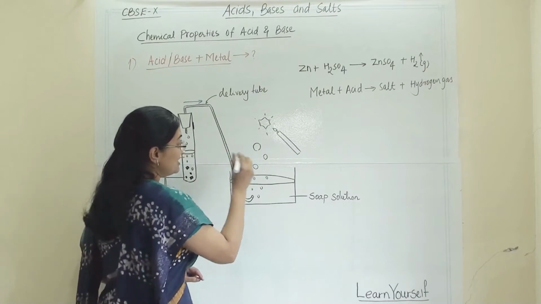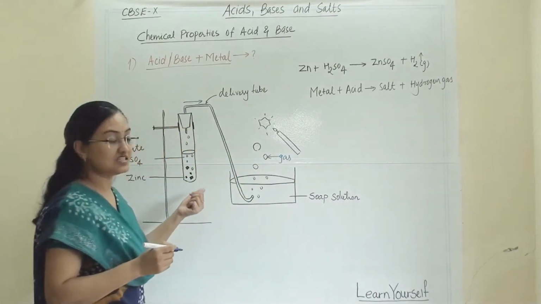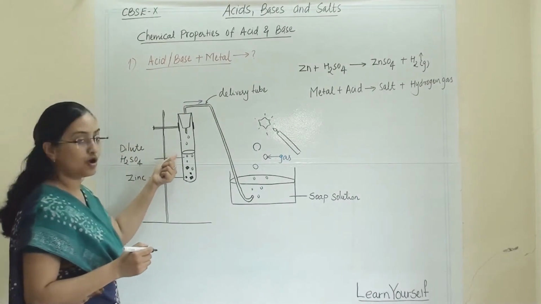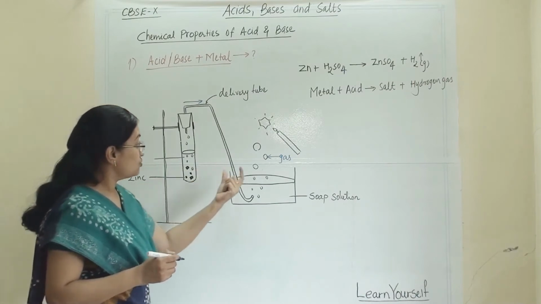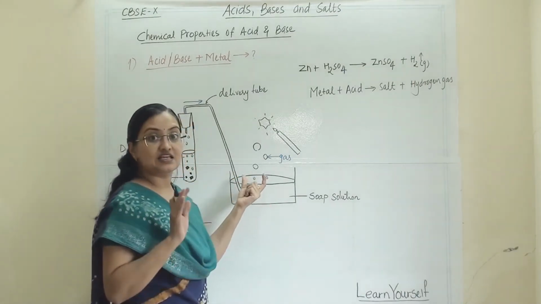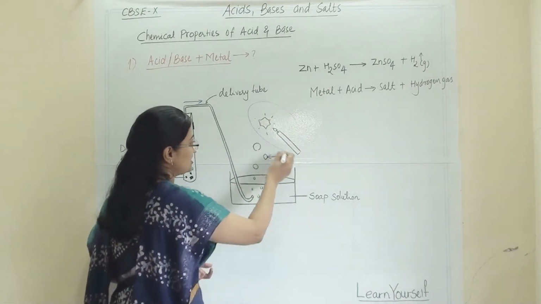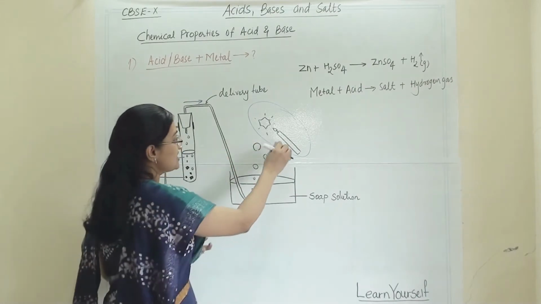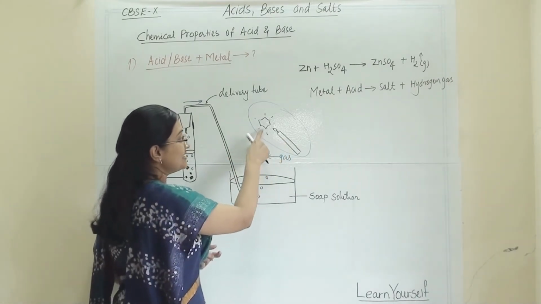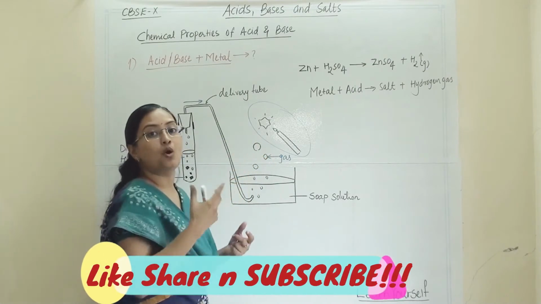Now this is a gas, but we have to check which gas is evolving from this acid plus zinc mixture. For that there is an identification test: wherever those bubbles are going, we keep a lighted candle over there, and it will burn with a popping sound.